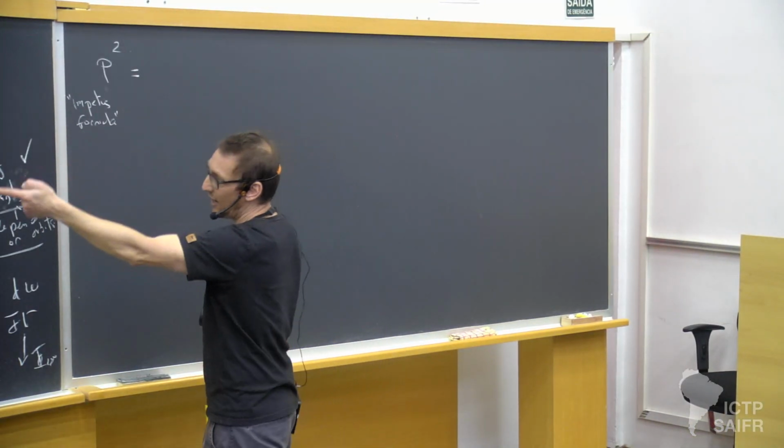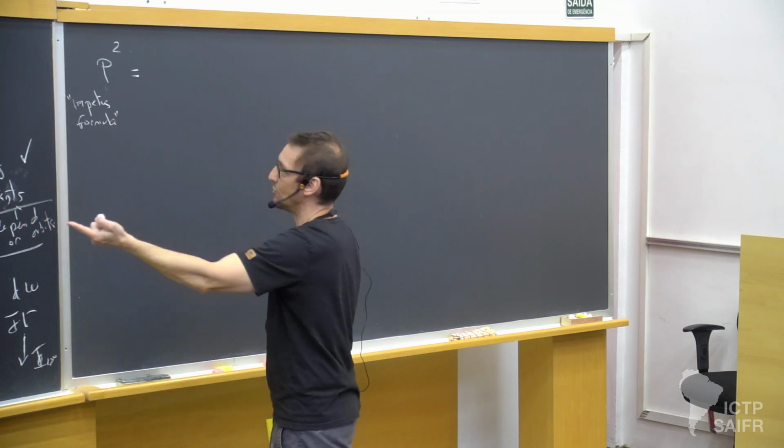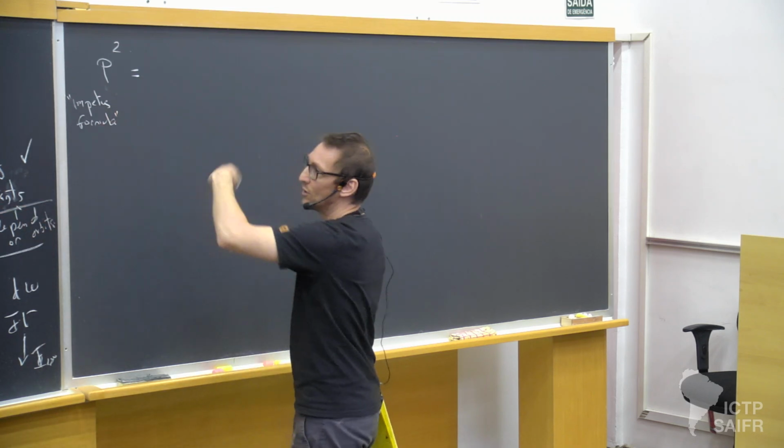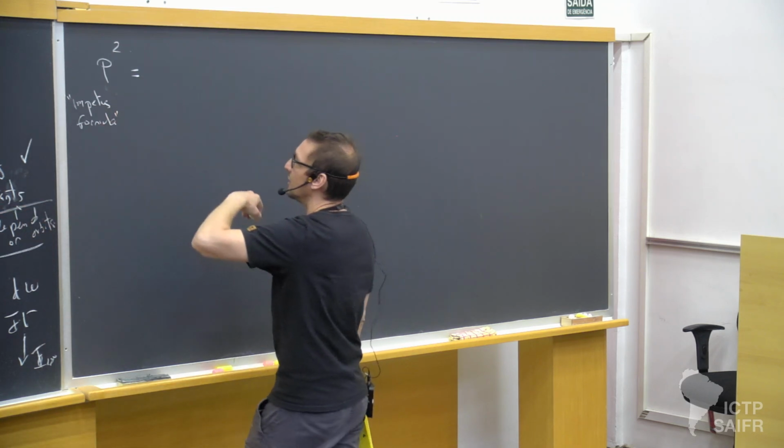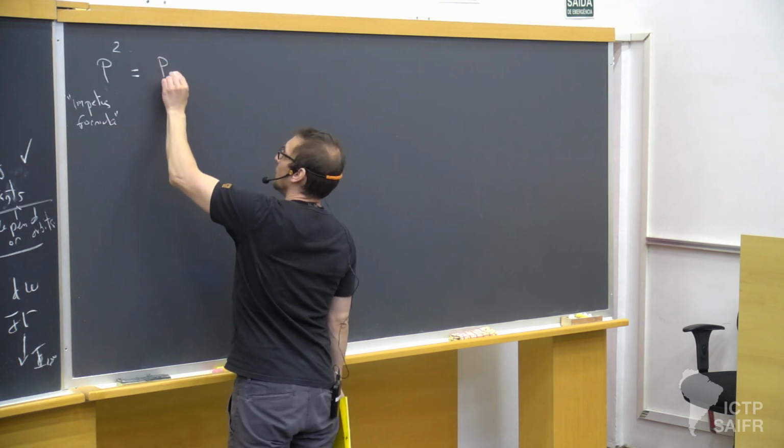The Hamiltonian is the hard one. The Hamiltonian is not the natural one.